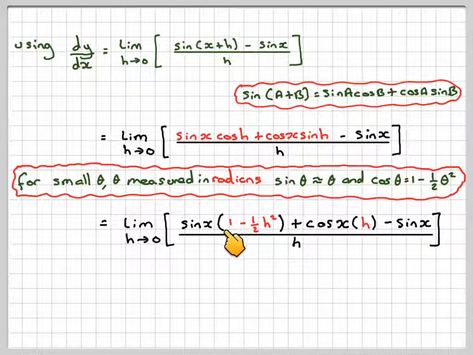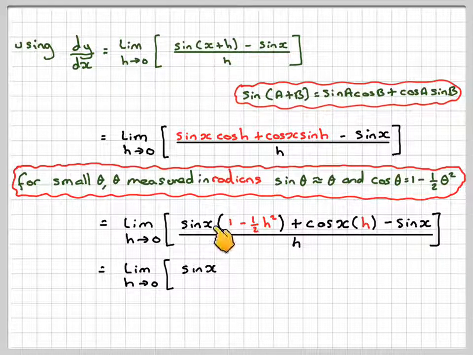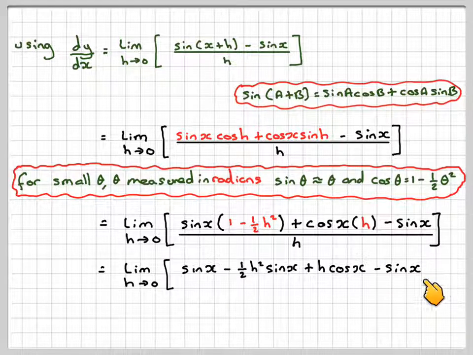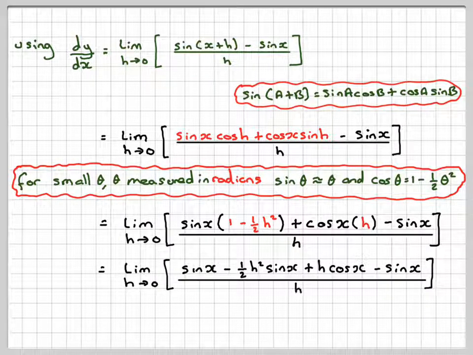Now, if we expand this bracket here, we get sine x minus a half h squared sine x plus h cos x minus sine x, all divided by h. Now we'll see here that the sine x and the minus sine x cancel out, so that's good.